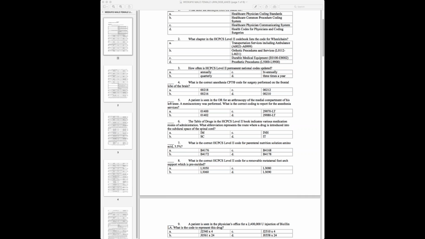Remember, all the procedures that are performed laparoscopically are listed in the index under the term laparoscopy. Let's see what page that's on. Yep, that starts on page 893. Okay, so that's where all your laparoscopic procedures are, in the back of the index.